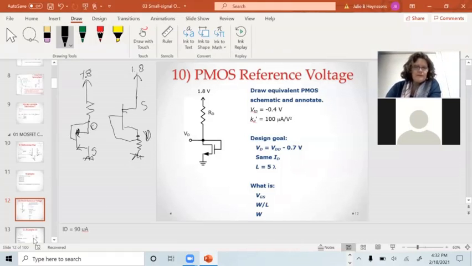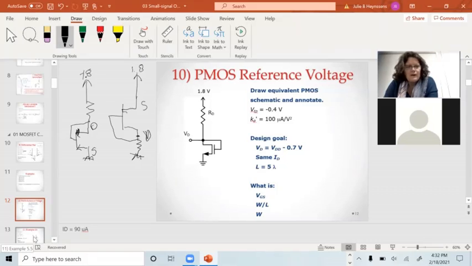Okay. Do we have to do any calculations with this one? I usually don't. If we wanted to find VGS, what would we do? VGS, drain, gate, and source. VGS is going to equal VDS in all of these.